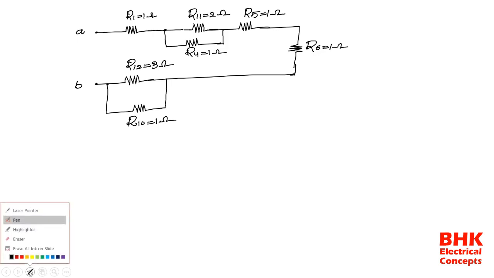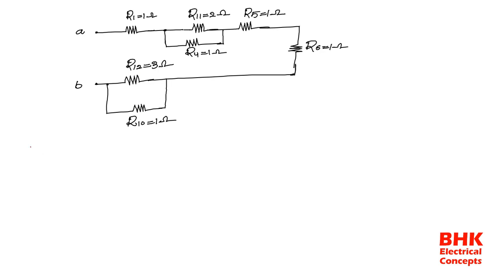Now what we are doing, now again observe here. Now here by observing, just see here, R11, R4 both are connected in parallel. Okay, R11, R4 are connected in parallel, and here again one more combination, that is R12, R10 are connected in parallel. And we know that when resistances are connected in parallel, we can take the reciprocal of the resistances.